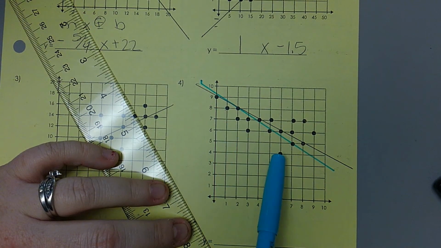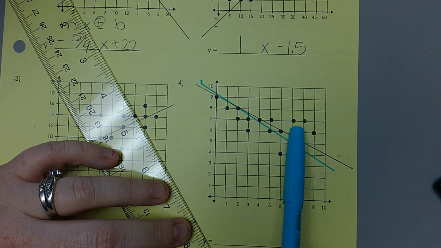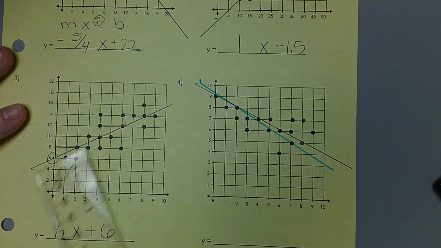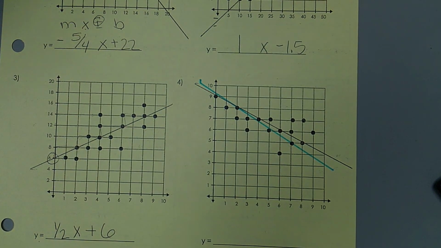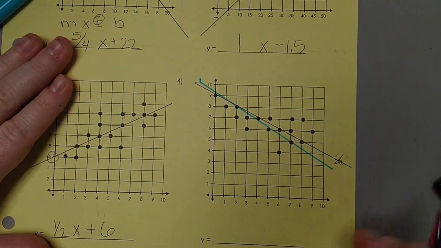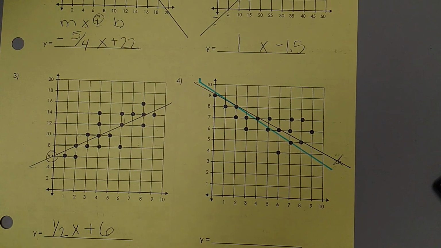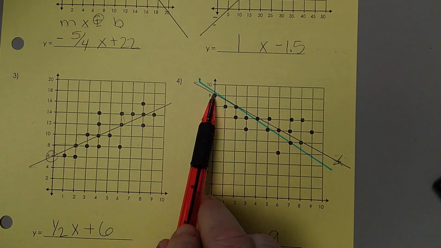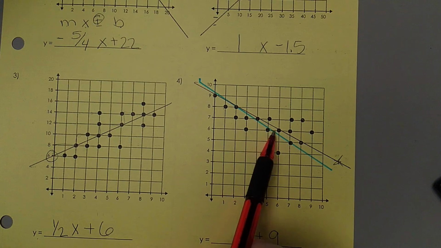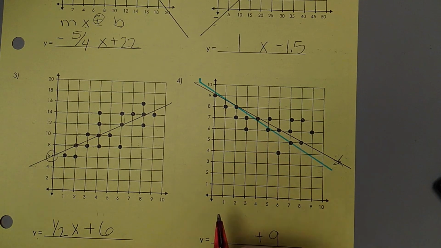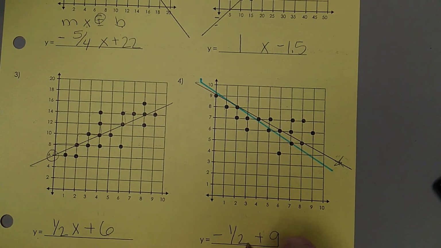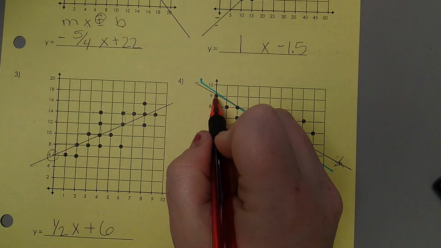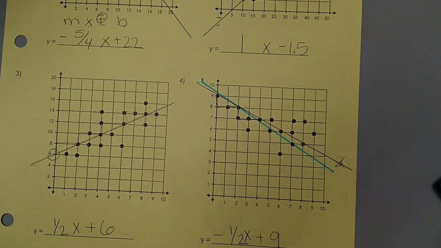It's just going to be a little off, and that's okay. I'm going to use the first line I drew, so this one right here. My y-intercept was 9, and my slope is pretty much negative 1/2 x, because I went down 1 over 2.